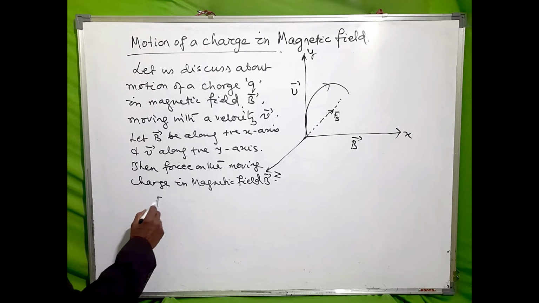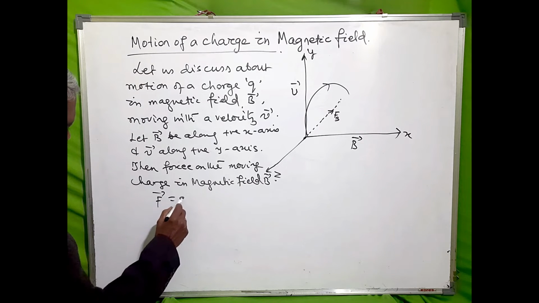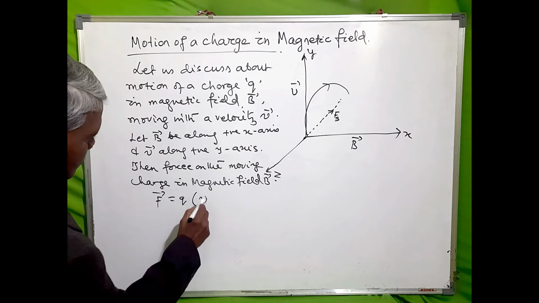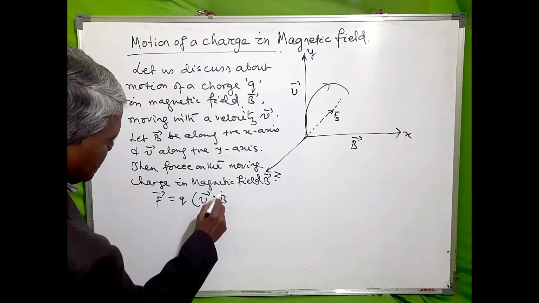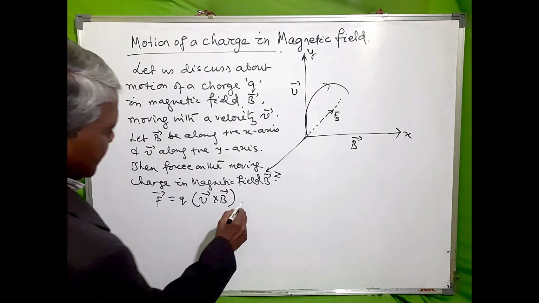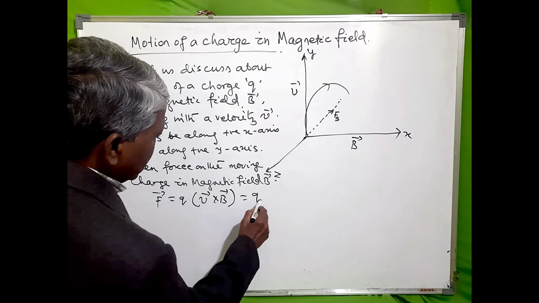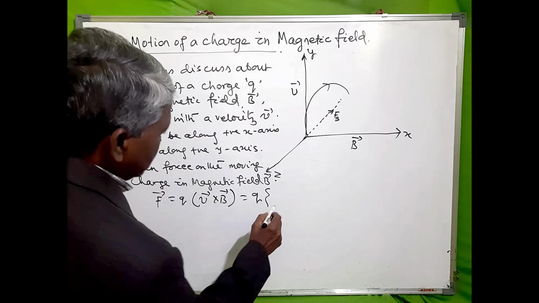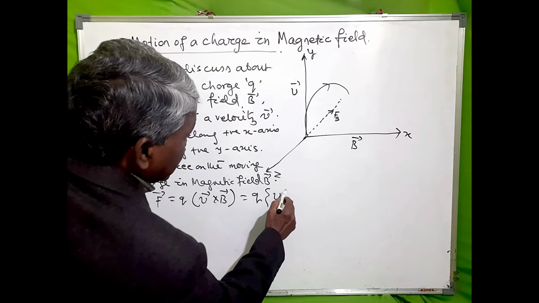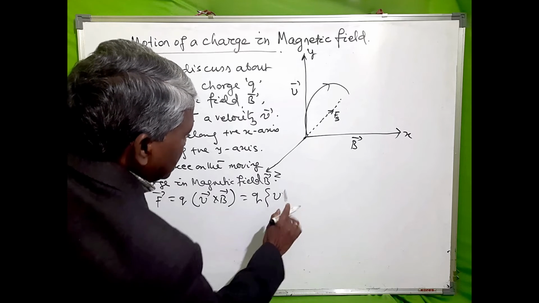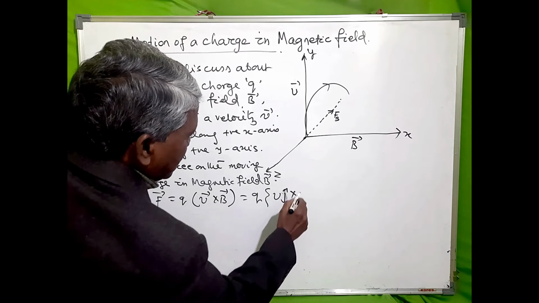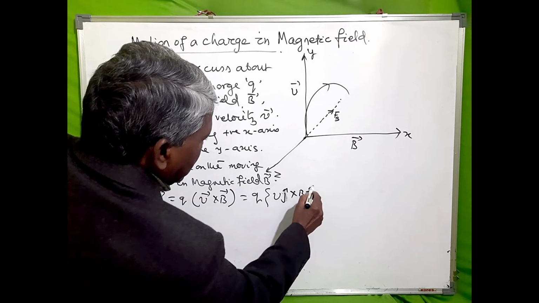is F is equal to q v cross B, or here you can write q v j cap cross B i cap.